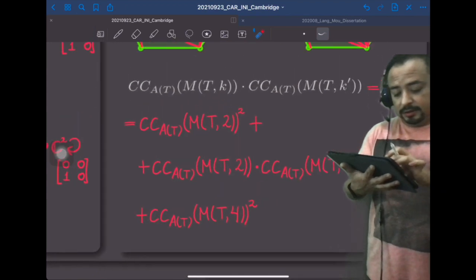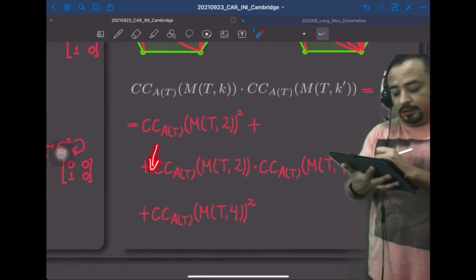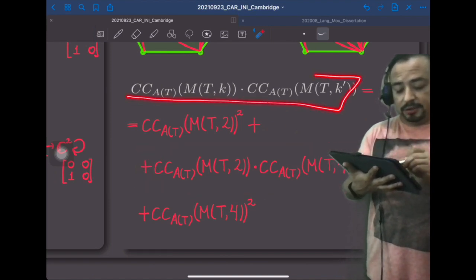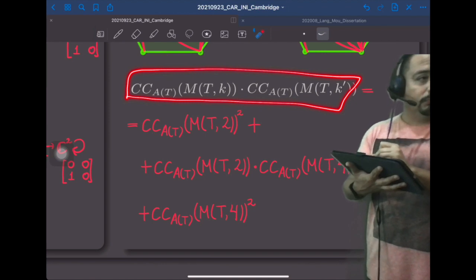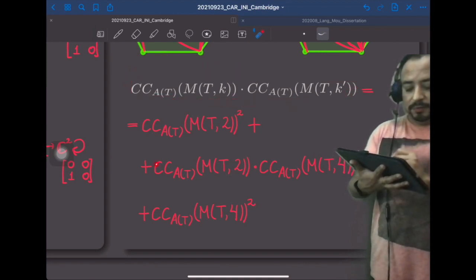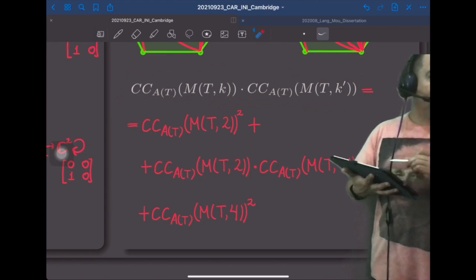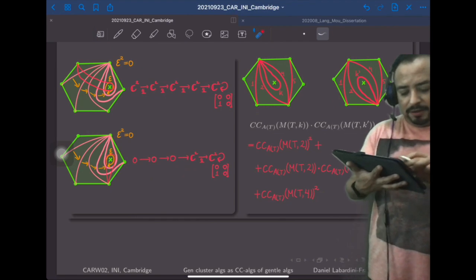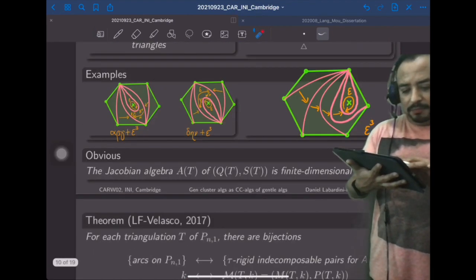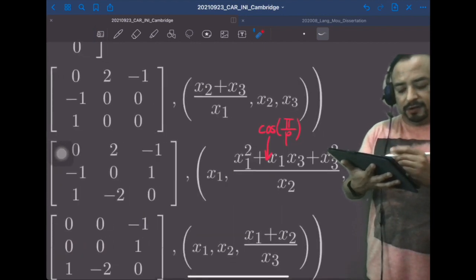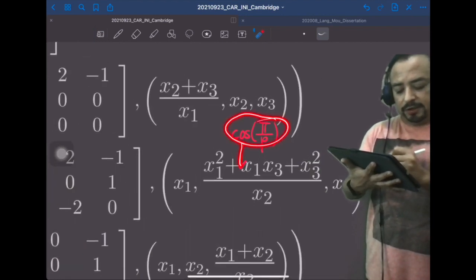So how could you get it here? You would need to obtain it here, which means that these ones, which so far always have integer coefficients, should give you some irrational number sometimes. Misha Shapiro at some point told me that maybe it's possible to do some rescalings in order to change this coefficient here.